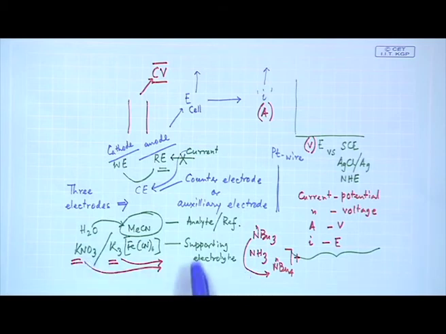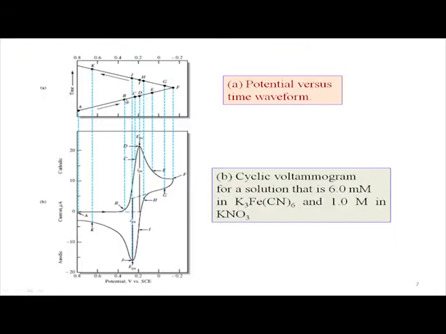These can be very useful as your analyte or reference material, or as your supporting electrolyte, for cyclic voltammetric measurements. We measure all these, and this potential waveform we can correlate with all these points. This is very useful for understanding the medium as well as the relative concentration of the analyte and the supporting electrolyte.